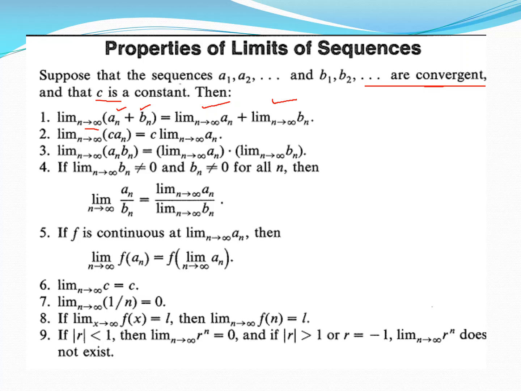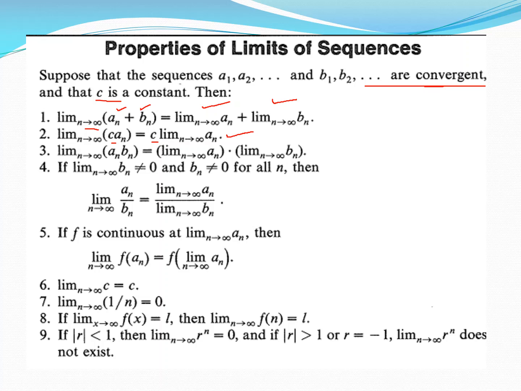The second property: C is a constant, as mentioned above, and the limiting value of C an as n approaches infinity is equal to C times the limiting value of an as n approaches infinity.